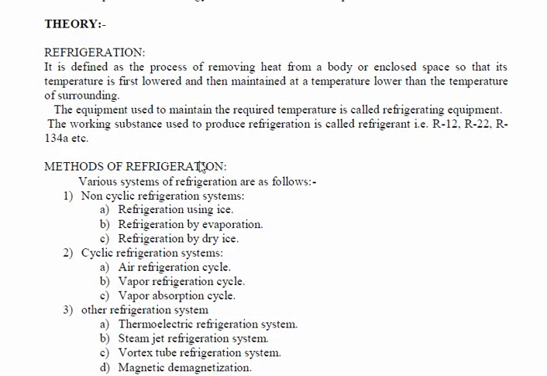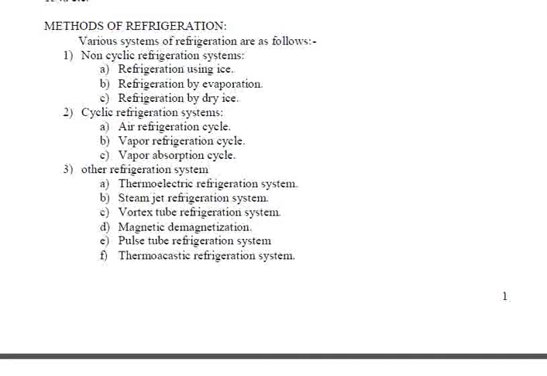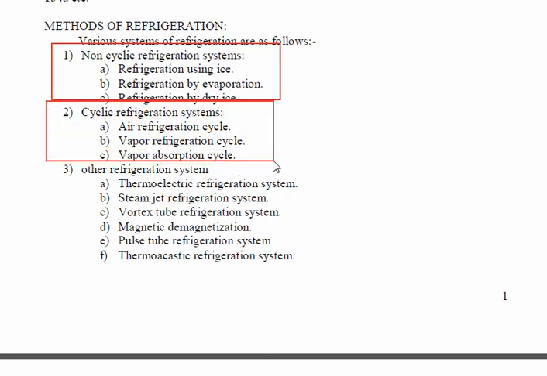So what are the methods of refrigeration? The methods of refrigeration are non-cyclic refrigeration systems, in which you have refrigeration using ice, refrigeration by evaporation, and refrigeration by dry ice. Then cyclic refrigeration systems, that is the air refrigeration cycle, vapor refrigeration cycle, and vapor absorption cycle.